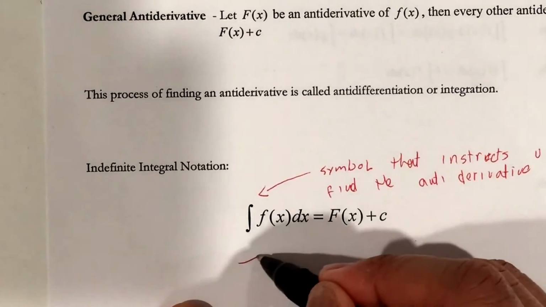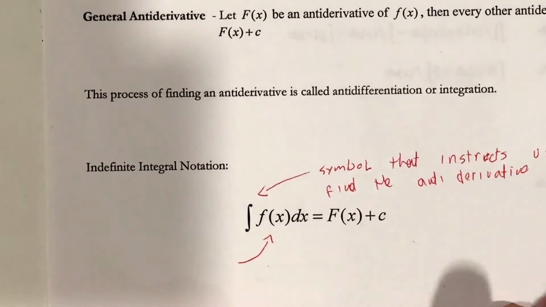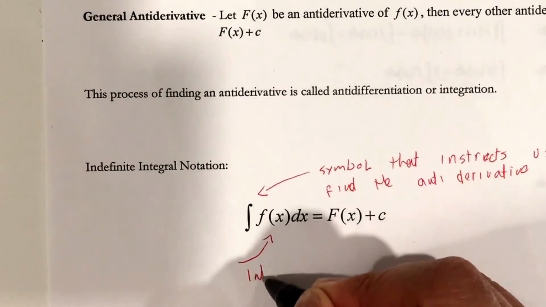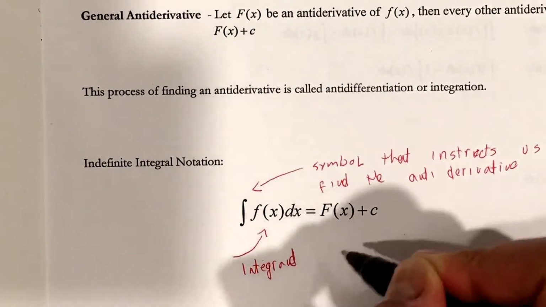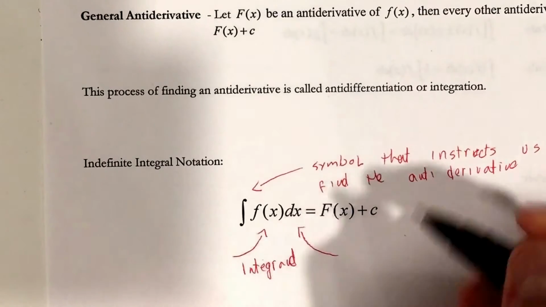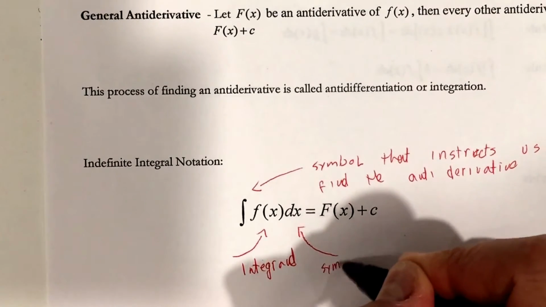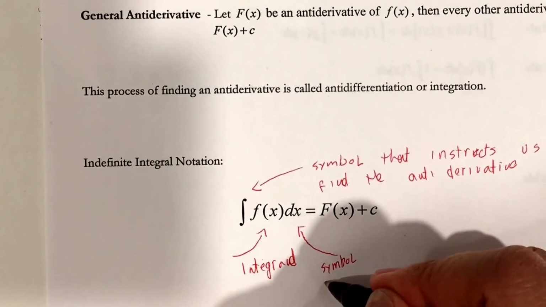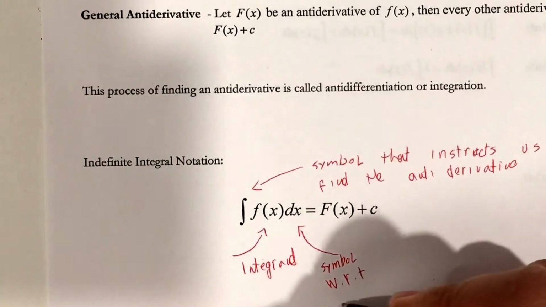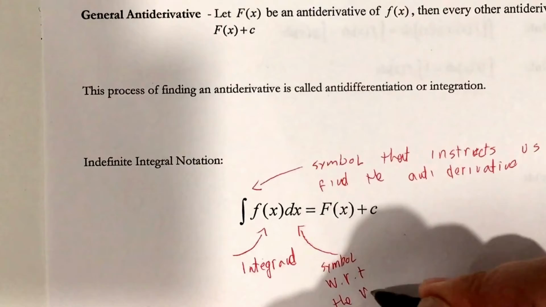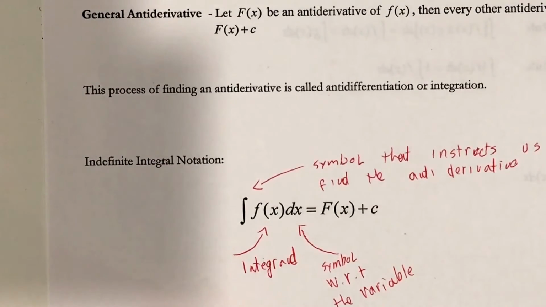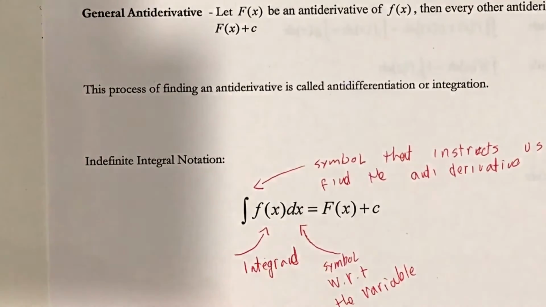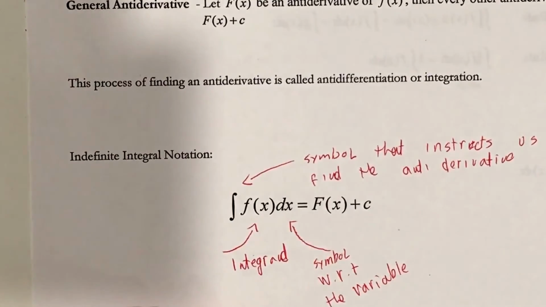And this is the function that we want to find the antiderivative for. That function is called the integrand function. And this is the symbol referring to, or with respect to, the variable. And that variable is usually x or t. X is more generalized, t stands for time, and those are the two symbols that we tend to use.